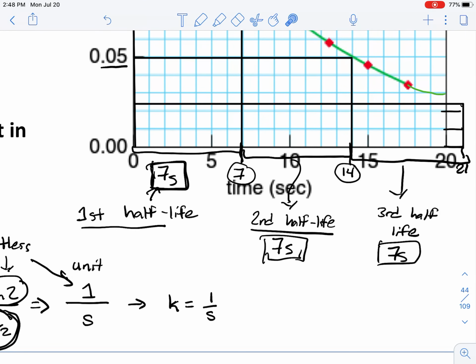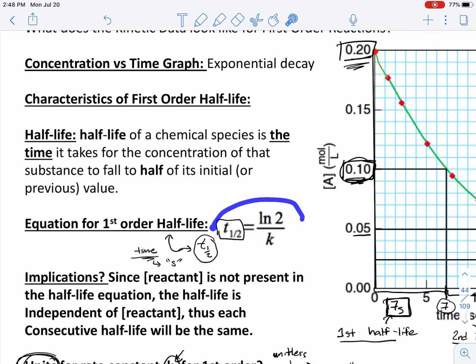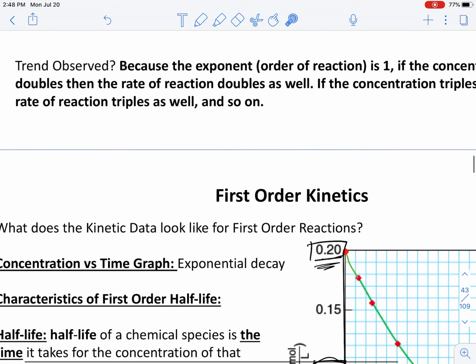If the first half-life and all consecutive half-lives have the same time interval, that's also indicative of first order kinetics. If the equation for the half-life is t1/2 equals natural log of 2 over k, then it's also indicative of first order kinetics.